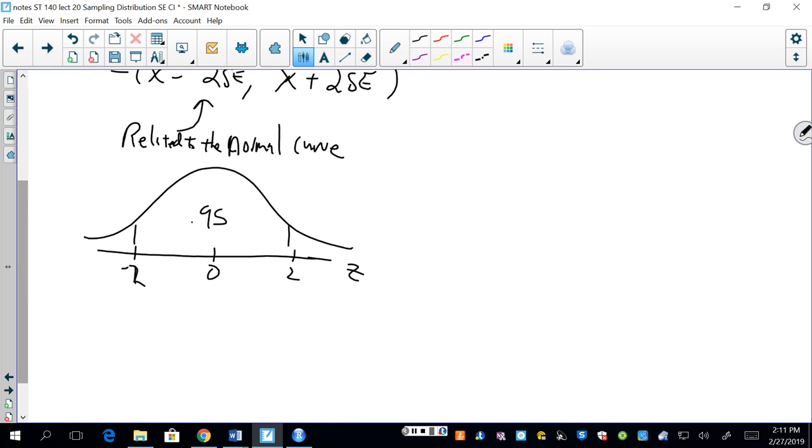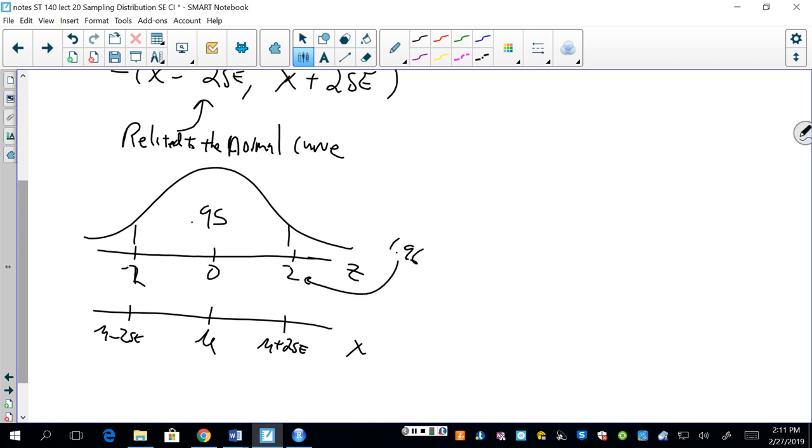For the distribution of X bar, it's centered around mu, and then mu plus 2 standard errors versus mu minus 2 standard errors gives the same 95%. It's not actually exactly 2 for the normal, it's really 1.96 instead of 2.